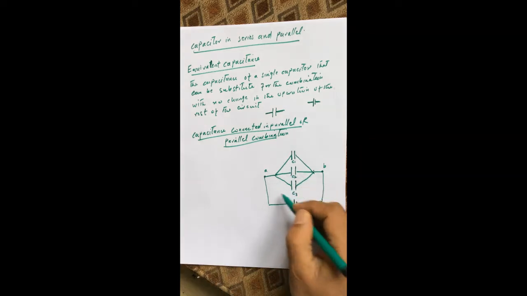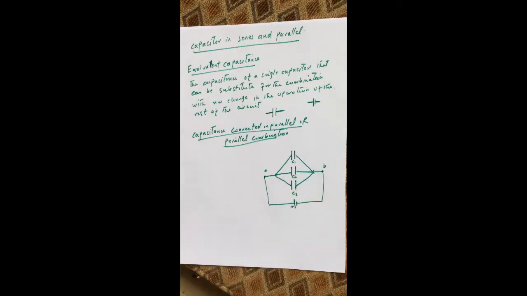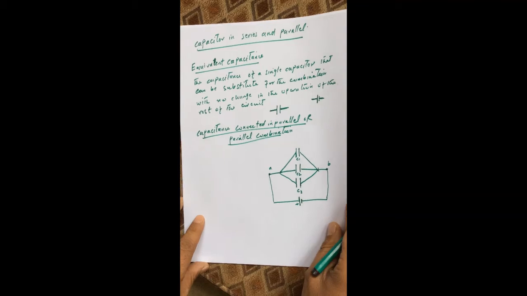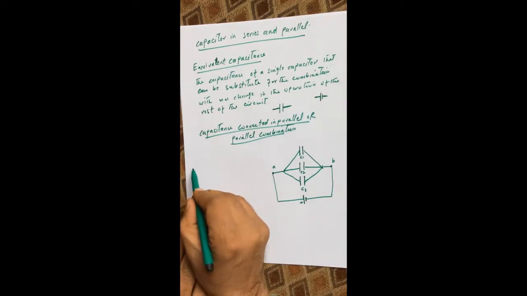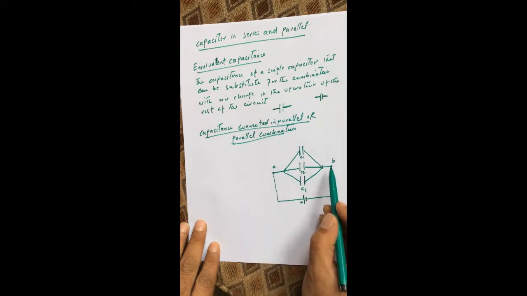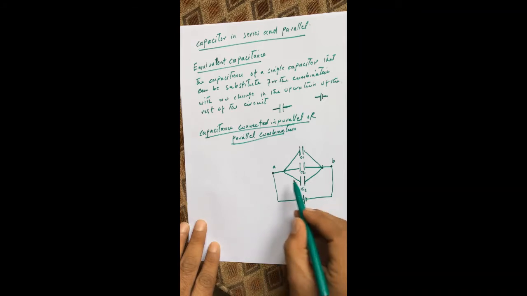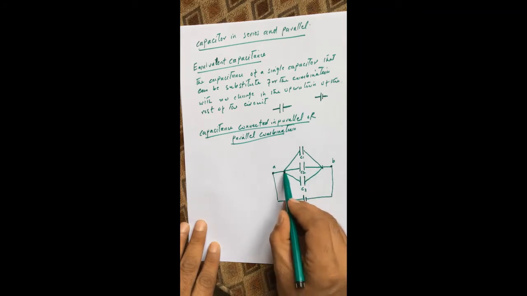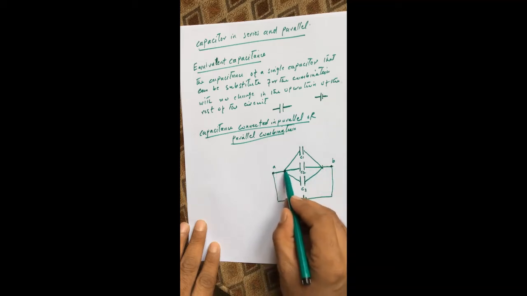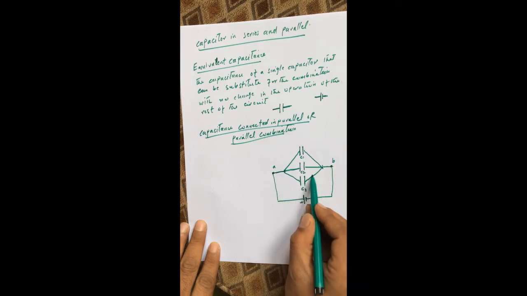Now, how can I identify that this combination is a parallel combination? For that, we will use the concept that if I move from point A to point B, then I have different paths to move from A to B. Like I can move from A to B through this path, through this path, or through this path.